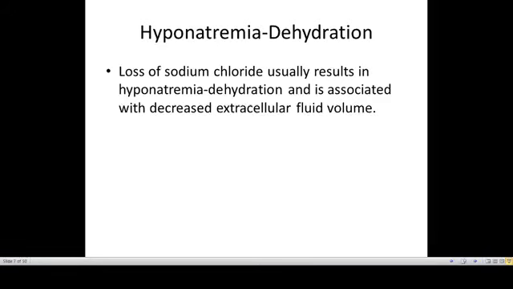Hyponatremia, dehydration type. Loss of sodium chloride usually results in hyponatremia of the dehydration type and is associated with decreased extracellular fluid volume.